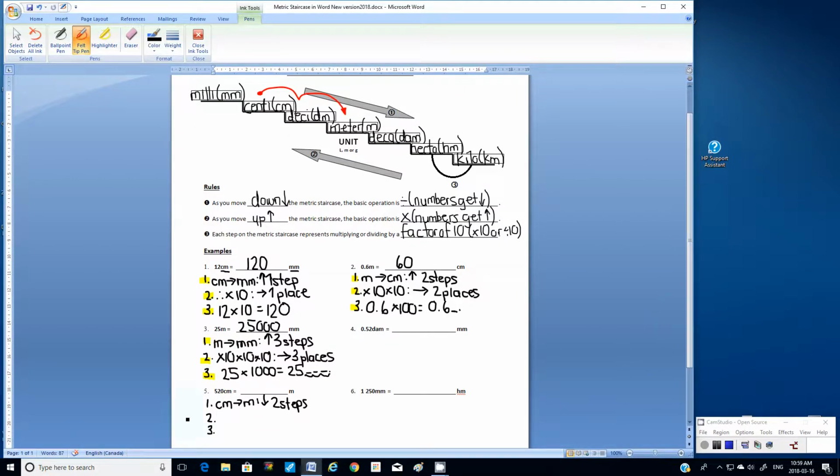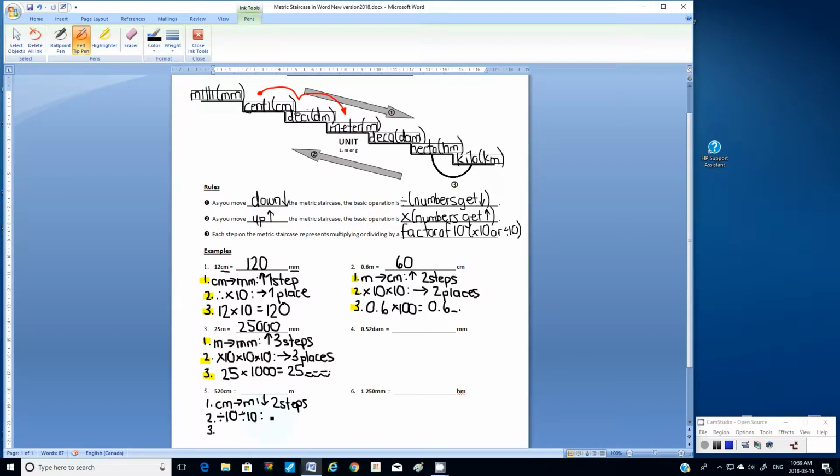Okay, so what does this movement mean in terms of rules 2 and 3? Well, this time is actually rule number 1. As we move down the metric staircase, the basic operation is division. So we're going to divide by 10, but how many times do we divide by 10? Well, we move 2 steps. So we're going to divide by 10, and then we're going to divide by 10 again.